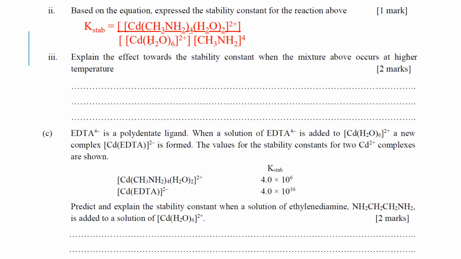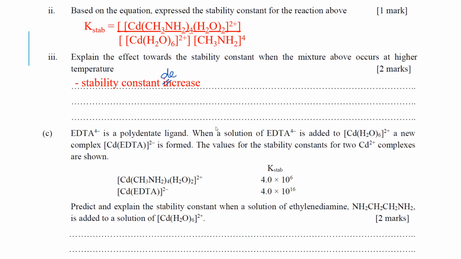And then number 3, explain the effect towards the stability constant when the mixture above occurs at a higher temperature. So in here, because the forward reaction is exothermic, the equilibrium will shift to the left, so the stability constant decreases.